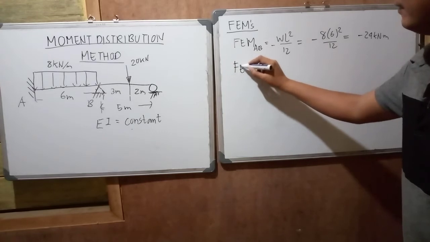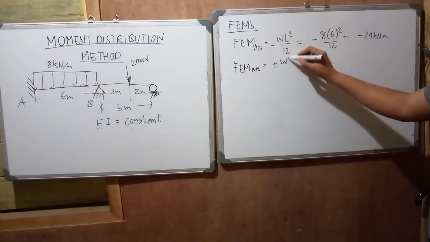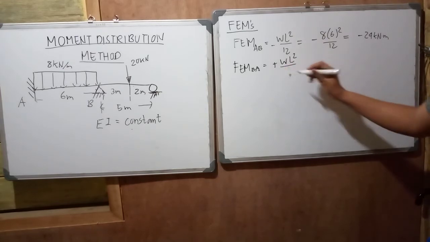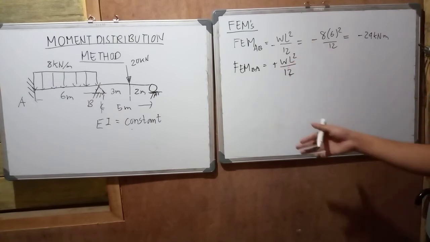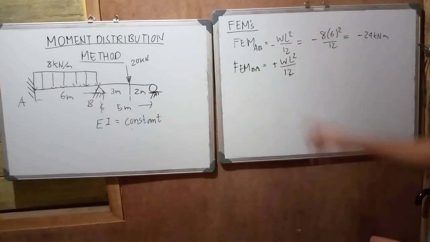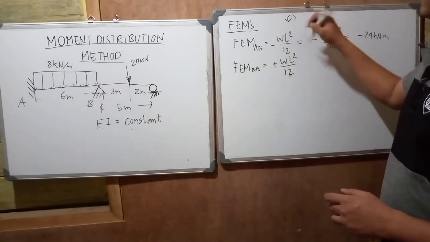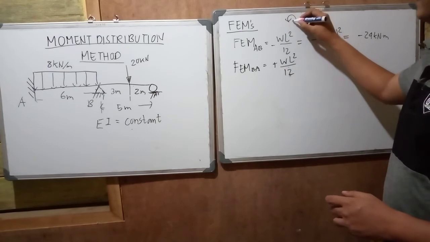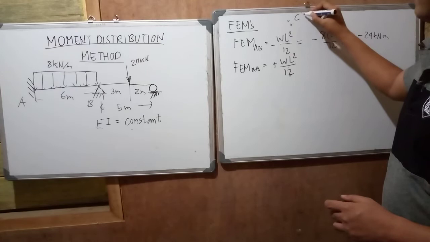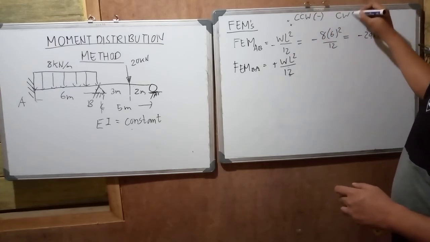Let us repeat so we don't forget. FEM BA is the same, positive, WL squared over 12. This roots from the assumption in which counterclockwise is negative and clockwise is positive.